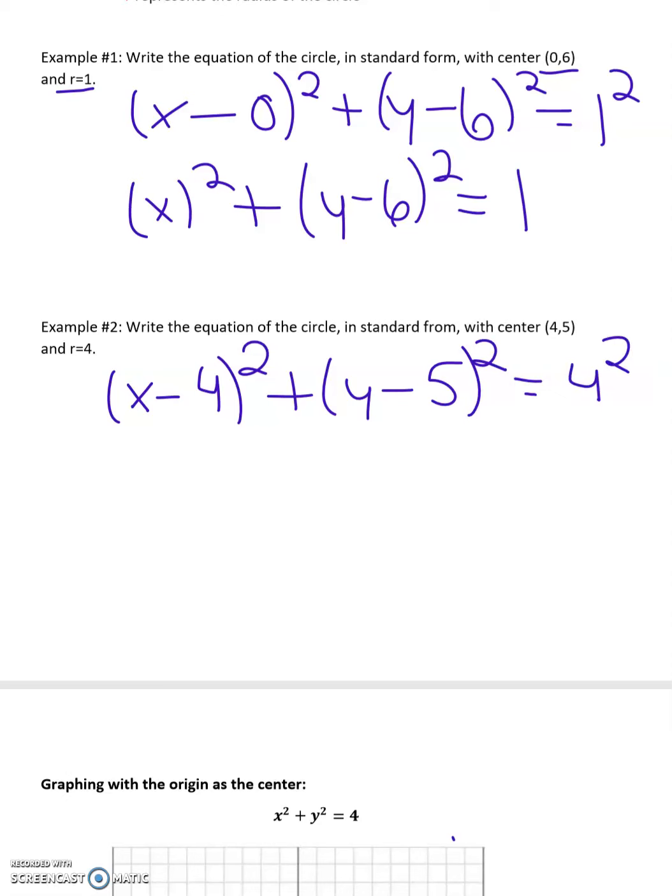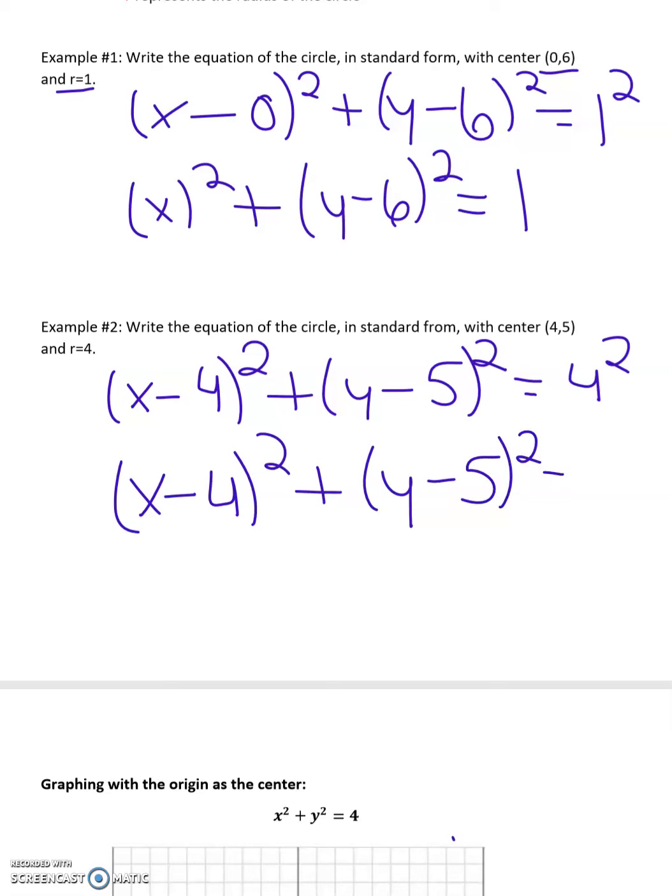That was plugging in 4 and 5 for h and k, and then plugging in our radius for r. Simplifying, (x - 4)^2 stays the same, (y - 5)^2 stays the same, and 4 squared is 16.